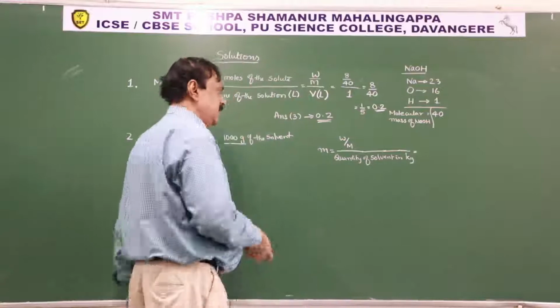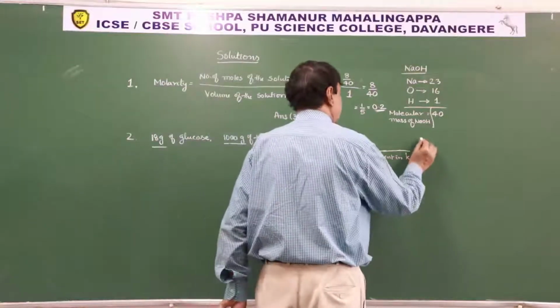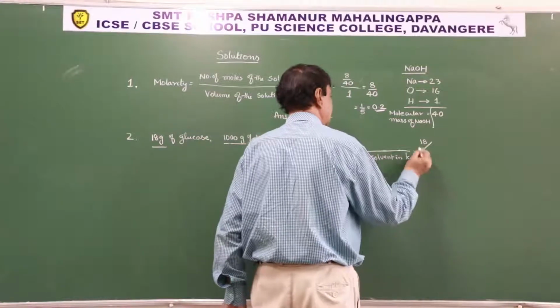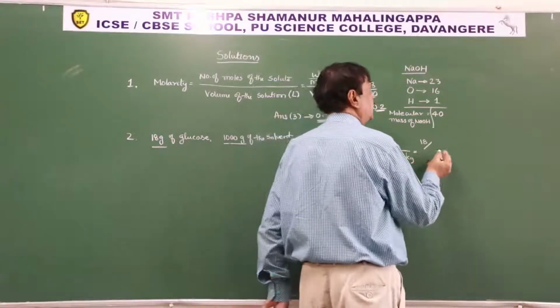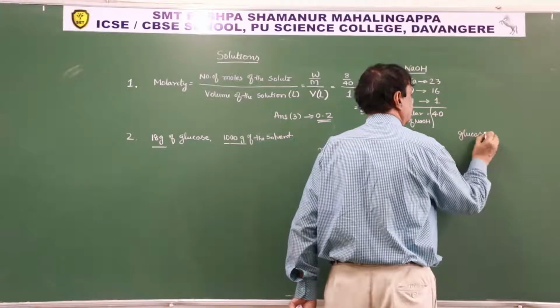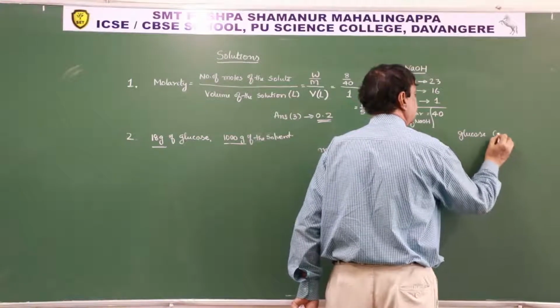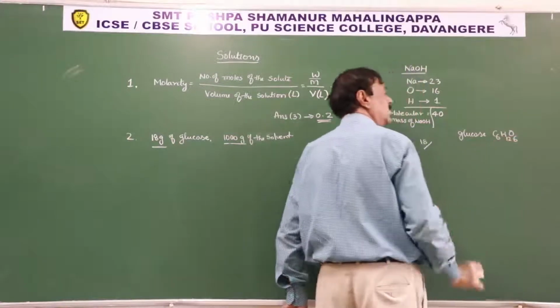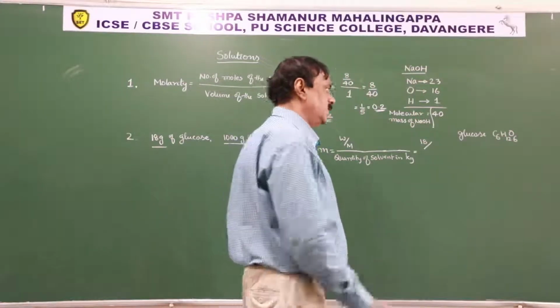That is a hint. Now 18 gram of glucose is present. The glucose formula is C6H12O6.